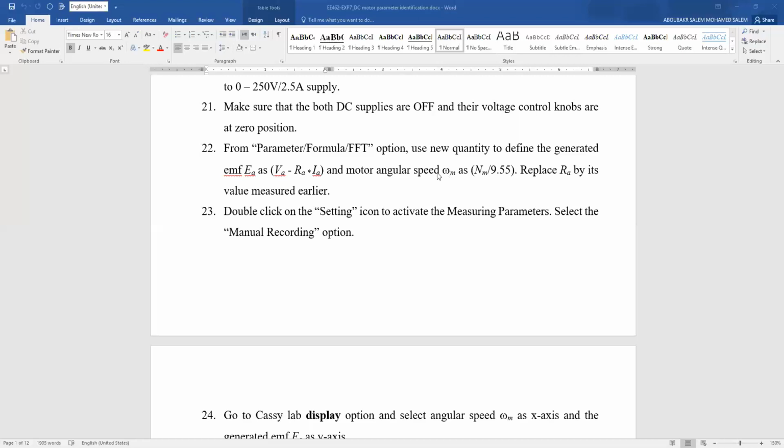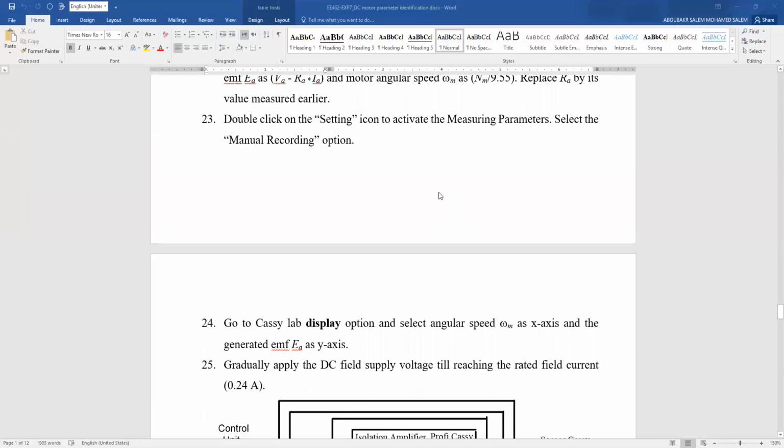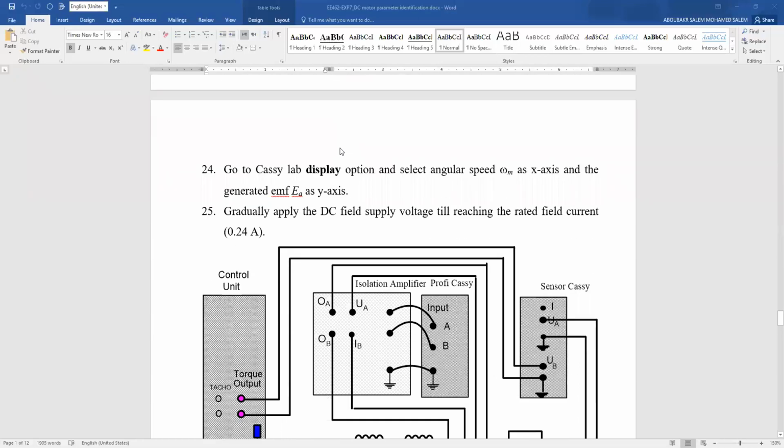However, this needs the procedure we are going to describe now in order to calculate the machine constant. So we will double click again on measuring parameters and select the manual recording option. And from display, we need to record the curve where omega m is the x-axis and EA is the y-axis.